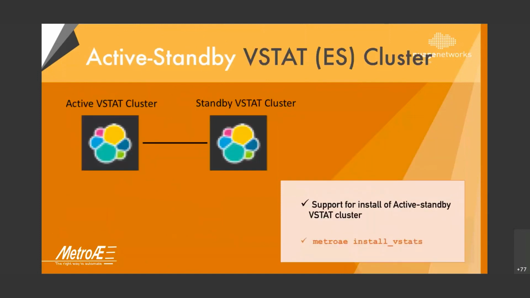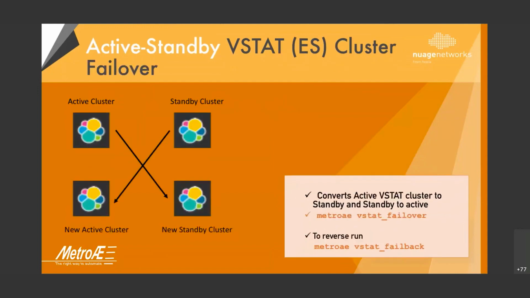Going to the next slide, we also support the same thing for VSTAT. So if you want to change the primary Elasticsearch to become standby, and the standby to become primary, we support the Elasticsearch failover, and we also support the active standby cluster install as well.